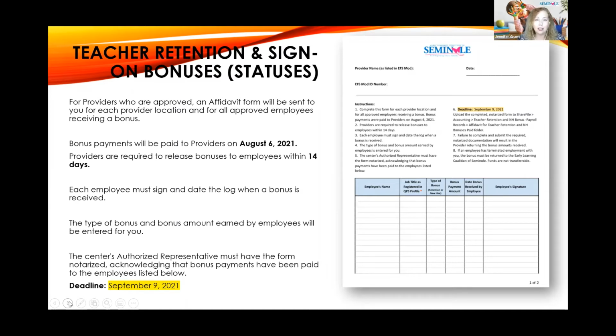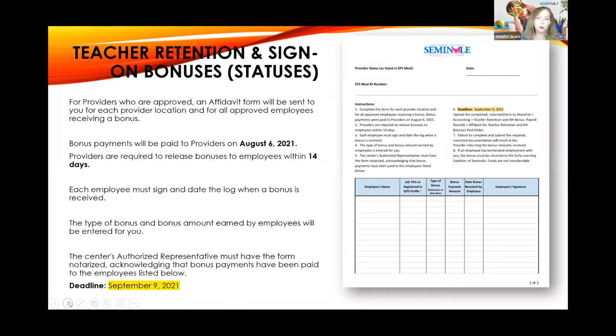So if they were listed in QPS, or if they had an impact, meaning they had taken MMCI, some of those types of things, they were authorized. We will be uploading who was approved for either the $500 bonus or $250 bonus to your ShareFile portal, and the funds will be released to the center this Friday. So you'll probably see it in your bank account by Saturday or Monday, which is typically how this works.